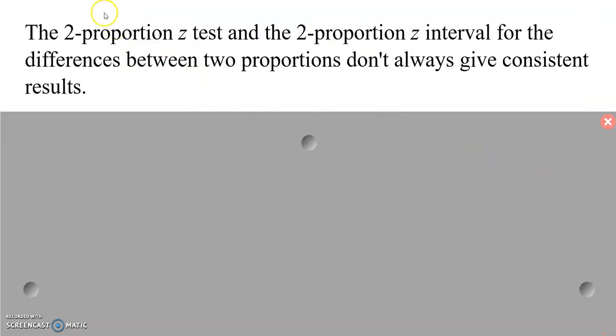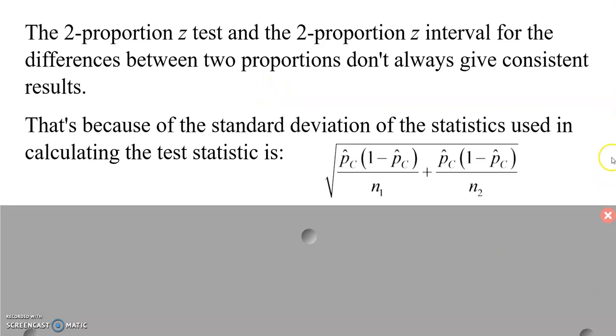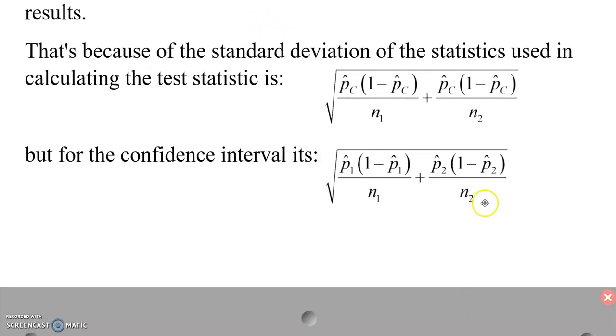One thing to point out is that if you compare this test we just did to the interval we did the day before, they don't always give consistent results. When you do a confidence interval, you're using this formula, and when you're using a test statistic, you're using this formula for the standard deviation.